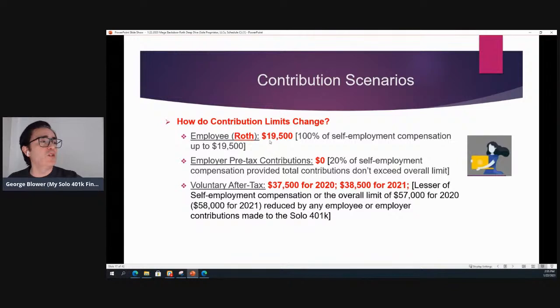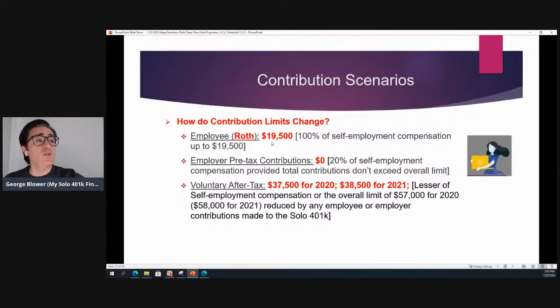So let's assume this person puts in 100% of their self-employment compensation up to $19,500 as a Roth contribution, as an employee contribution. They decline to make employer contributions because those are always pre-tax, and they're not interested in making pre-tax contributions.